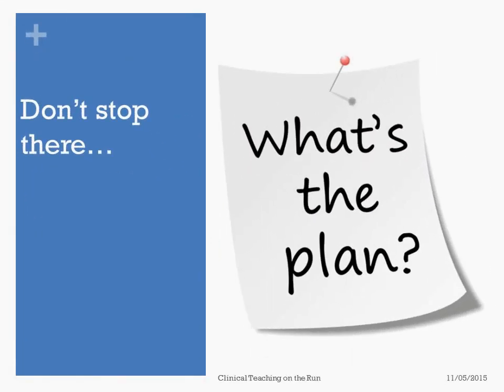Okay, so you and the learner have discussed your observations of their clinical performance. Don't stop there. You need a plan to help the learner improve the performance. After all, the purpose of feedback is to help them improve.